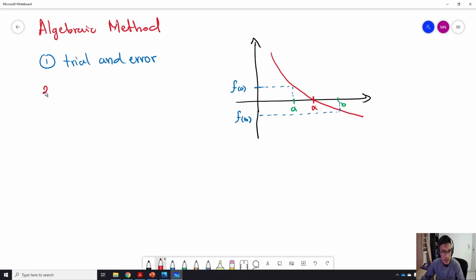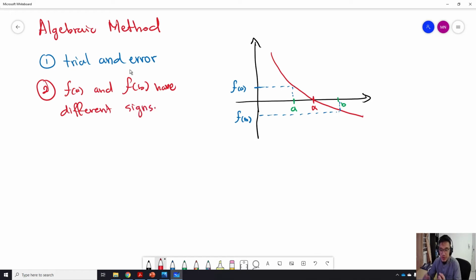So second, f(a) and f(b) have different signs. Okay, first you need to do trial and error, and second, when you did the trial and error, what you get is f(a) and f(b) have two different signs. So by that you already have the values for a and b. So then you can state the interval of the roots.